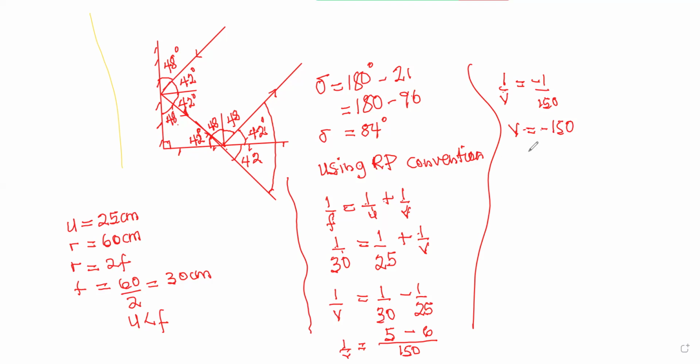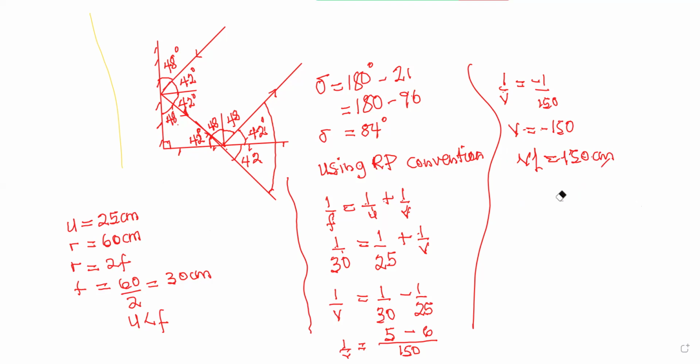In RP, anything real is positive, anything virtual is negative. So the image will be 150 centimeters from the concave mirror, but it will occur behind the mirror, opposite to the object. That's why it's negative.